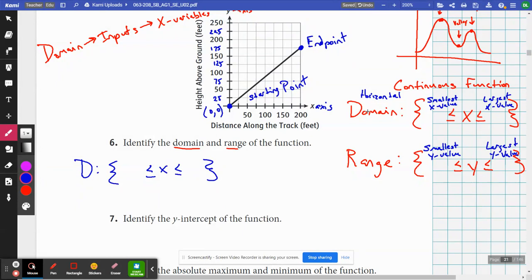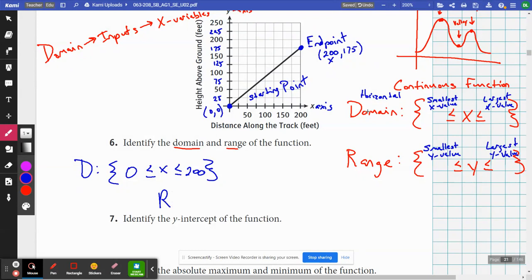So that would be at 200, 175. Okay. So what is my smallest x value for this graph? Well, the smallest is the minimum here at 0, 0. So that's going to be 0. And my largest x value, which is here, is 200.